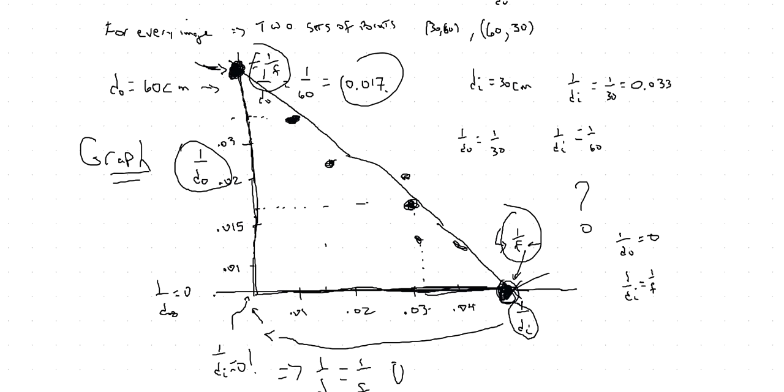The values of 1 over f that we get from this graph, that allegedly straight line, should agree with what we got by looking at the light. Then we can use our equation to get the percent error.